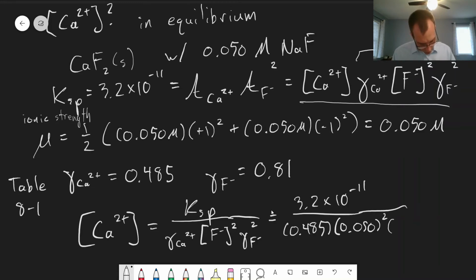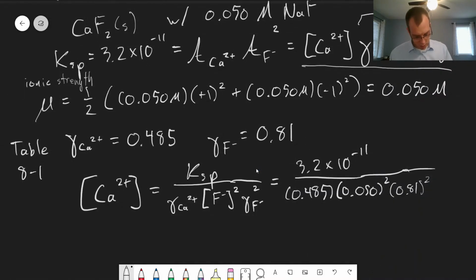And then we have our 0.81 squared for our fluoride. Okay, and then we can plug this in and calculate a number. I've already done this calculation in advance: 4.0 times 10 to the minus 8 molar.